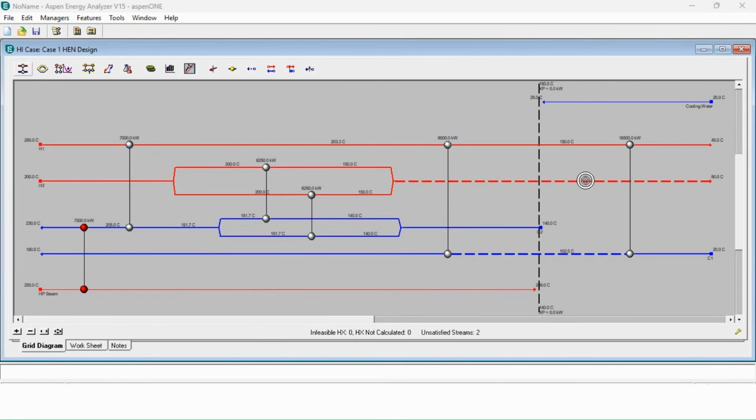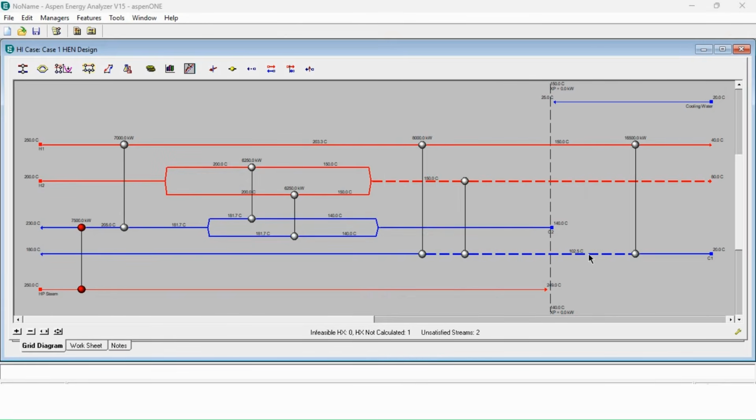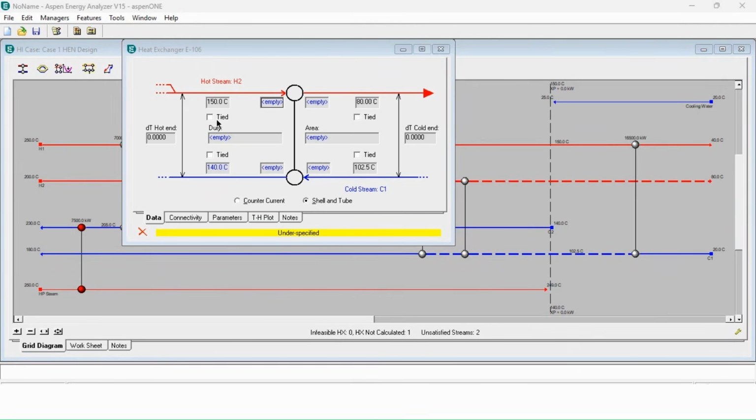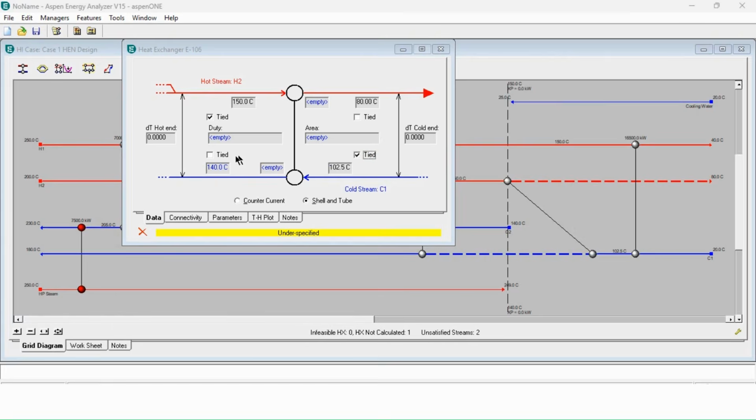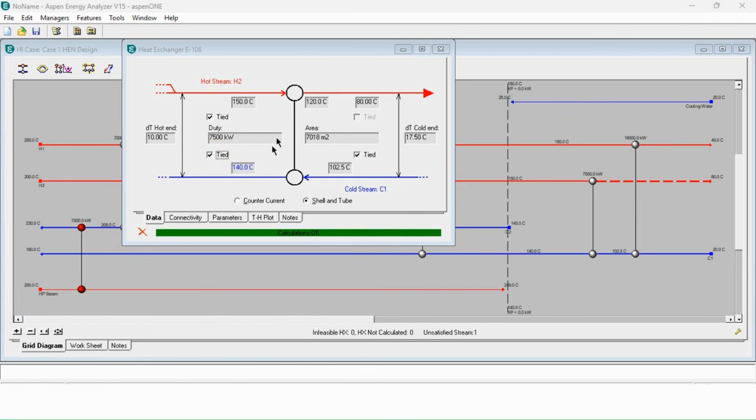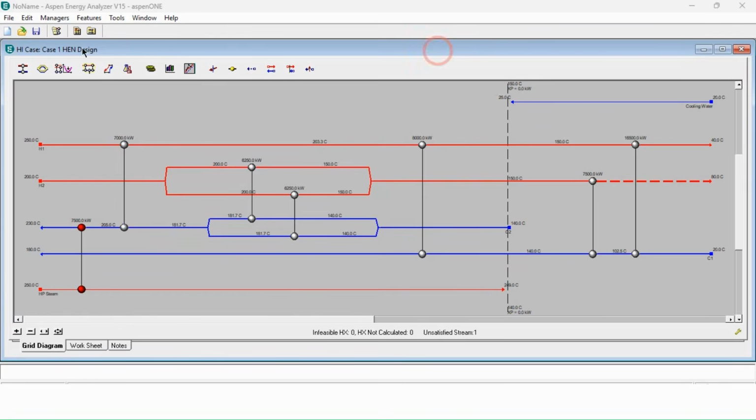And then doing the connection with H2 and C1, so 150 degrees centigrade, 102.5 and 140, because the unknown will be the hot outlet temperature, since the cold will be completely consumed. So the hot outlet temperature is 120 degrees centigrade. Now to take it from 120 to 80 degrees centigrade, we need to do the connection with the utility.